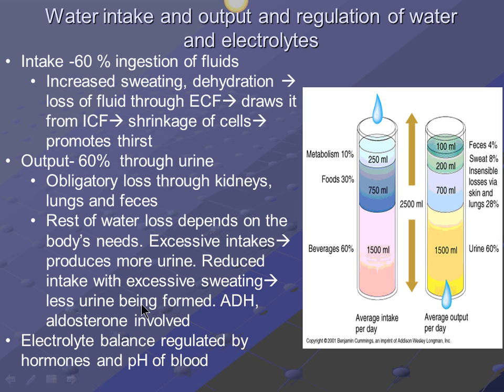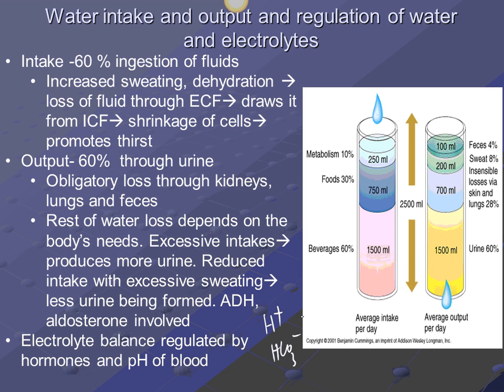For electrolyte balance, first of all it's aldosterone also which is involved, or ANP, atrial natriuretic peptide, depending on what needs to be excreted. And then also remember calcium, which was dependent on parathormone and calcitonin, parathormone being more important in the case of the kidney. And electrolyte balance also has to do with pH of blood, because hydrogen and bicarbonate ions are also electrolytes, right?